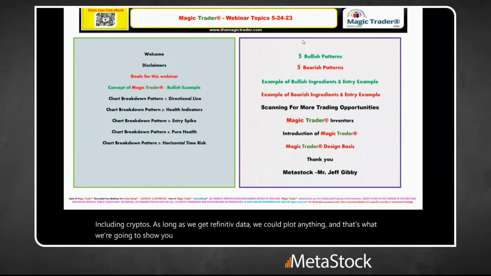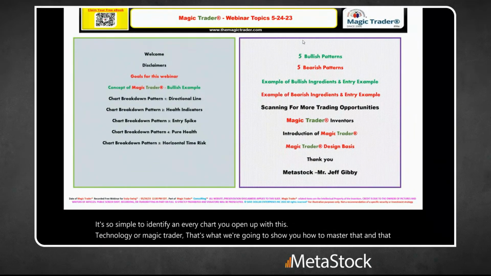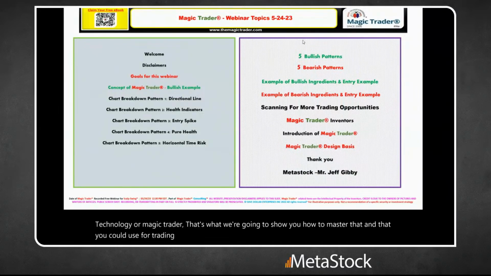So those identifiable patterns, which are so simple to identify, and every chart you open up with this technology of Magic Trader, that's what we're going to show you how to master, and that you could use for trading without having to do too much technical analysis.